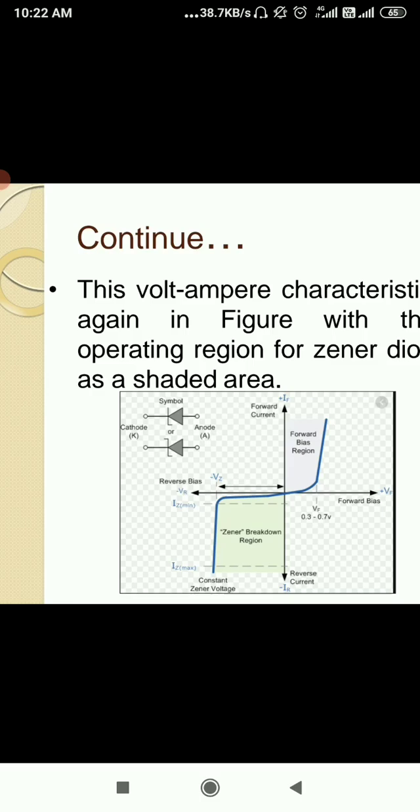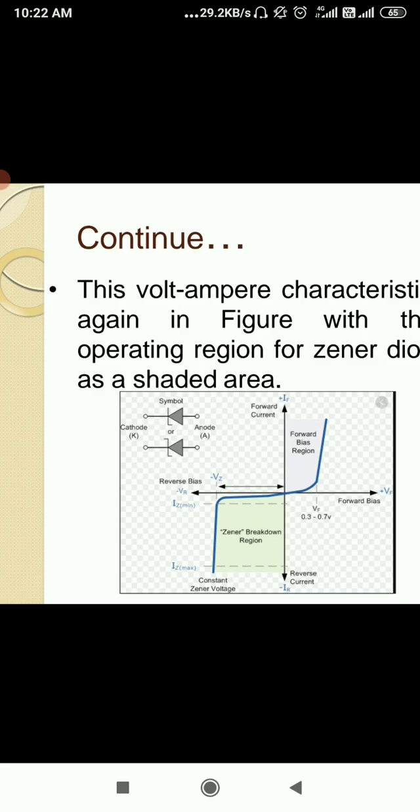They will ask this sometimes: reverse current will be in ampere, microampere or milliampere. You are supposed to understand that reverse current will be very less, so that's why it is in the microampere. For forward current you can give the unit in ampere, but the reverse current of a Zener diode is very less, so it will be in the microampere.